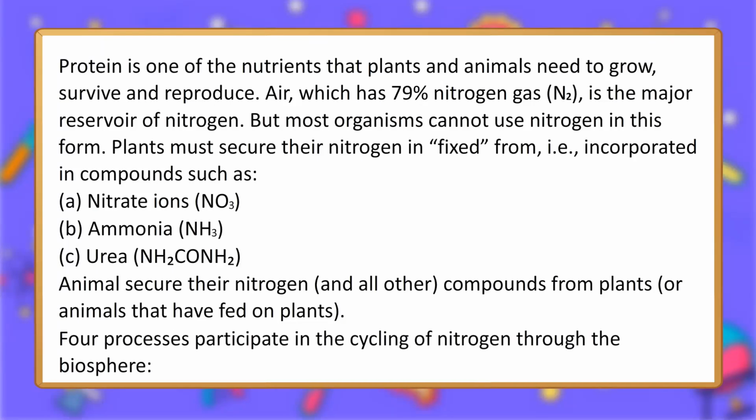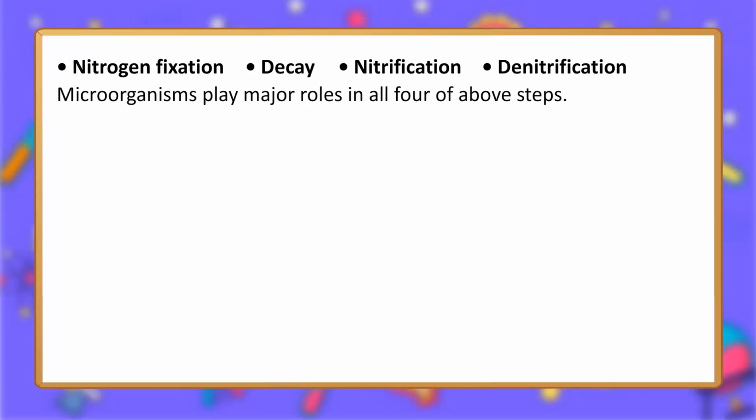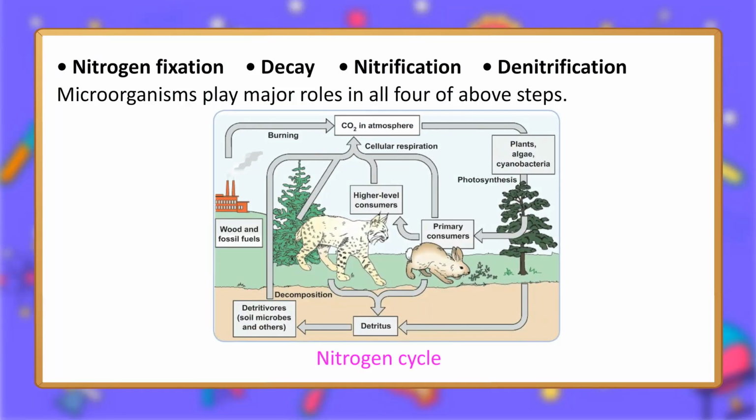Four processes participate in the cycling of nitrogen through the biosphere. Nitrogen fixation, decay, nitrification, denitrification. Microorganisms play major roles in all four of the above steps. Nitrogen cycle, burning, CO2 in atmosphere, plants, algae, cyanobacteria.